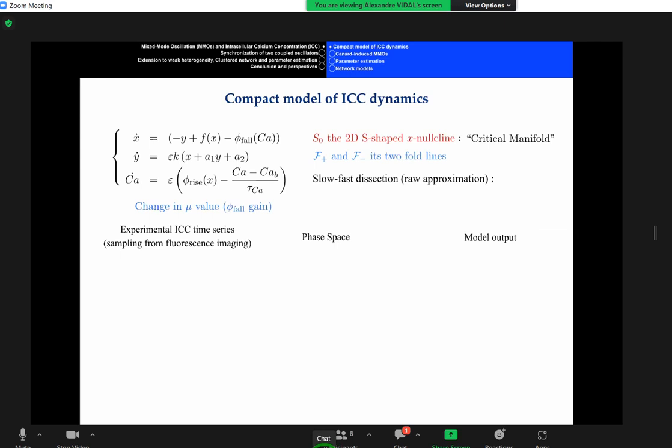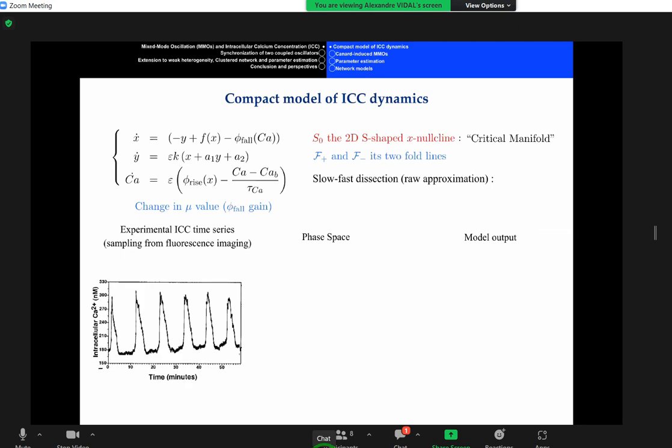This is an asymptotic steady state, and the most important behavior that we want to reproduce is the following one, meaning the periodic peaks of the periodic oscillation of ICC, but each peak being separated from the preceding one by a long quiescent space. And in this experimental time series, as you see, we can infer that we have some kind of small oscillation of ICC between the two peaks, close to the baseline.